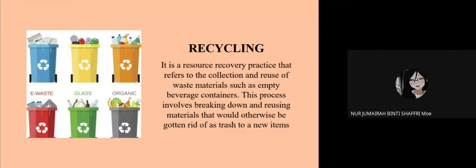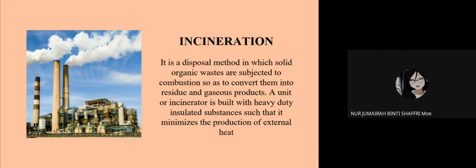And then at the recycling center, of course, the waste will go through the recycling process. It is a resource recovery practice that refers to the collection and reuse of waste materials, such as empty beverage containers. This process involves breaking down materials that would otherwise be thrown away as trash and using them in new items.